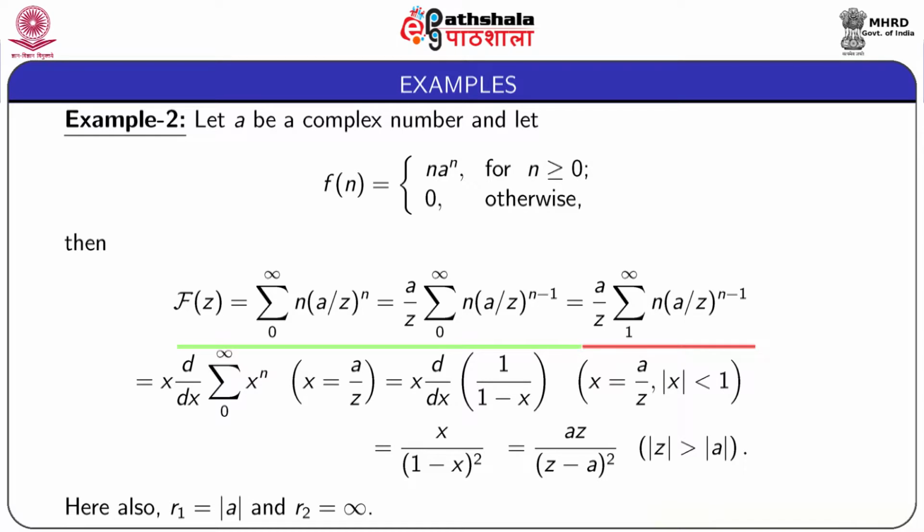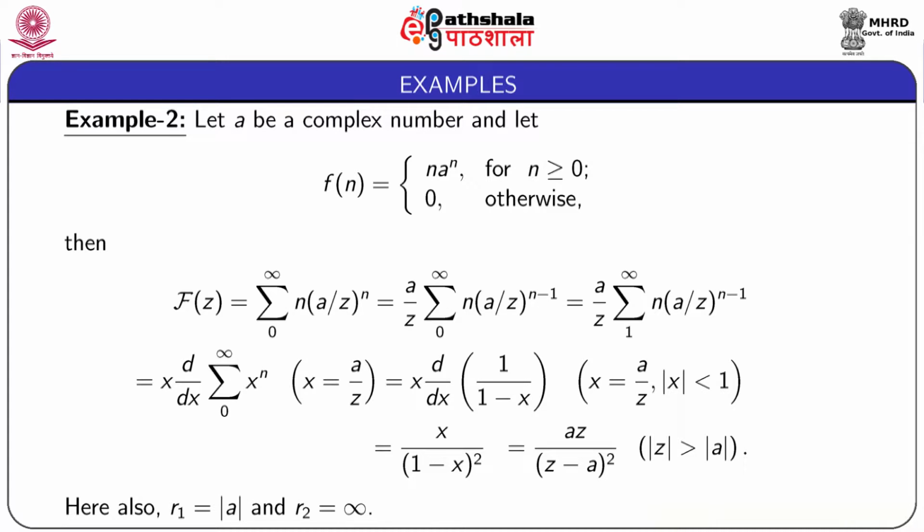This is equal to a by z into the summation n equal to 0 to infinity of n into (a by z) to the power n minus 1, which we can write as a by z times the summation n equal to 1 to infinity of n (a by z) to the power n minus 1.